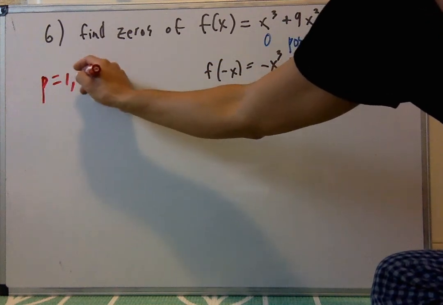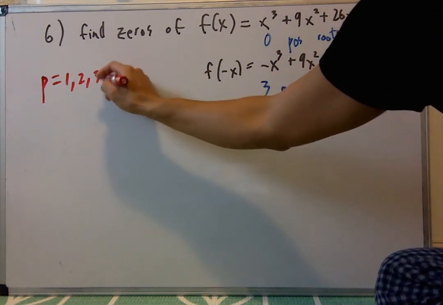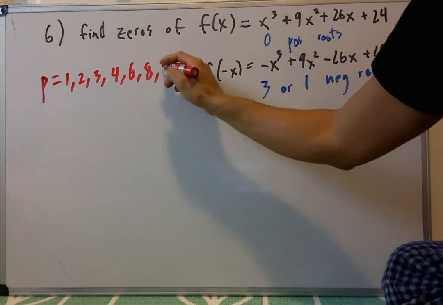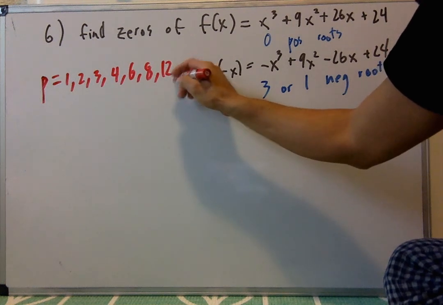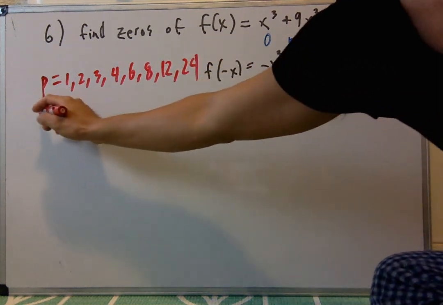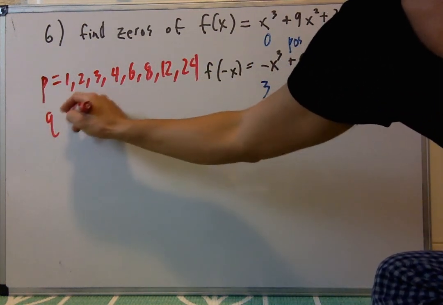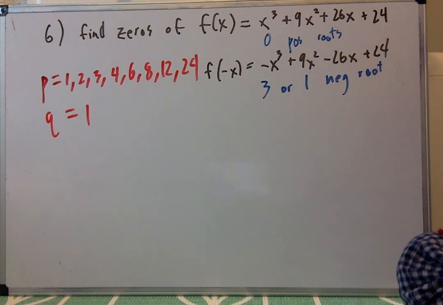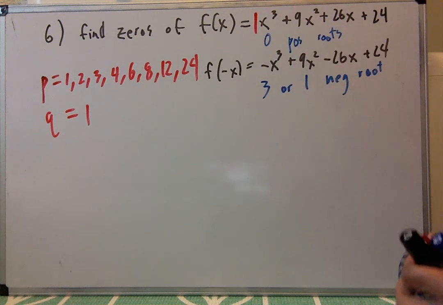P could be 1, 2, see 3 divides 24, 4 divides 24, 6, 8. This one's got a lot. 12 and 24. Q can only be 1, right? Because that's the coefficient on the original term, just a 1. Invisible 1 here. And again, these could be all plus minus.